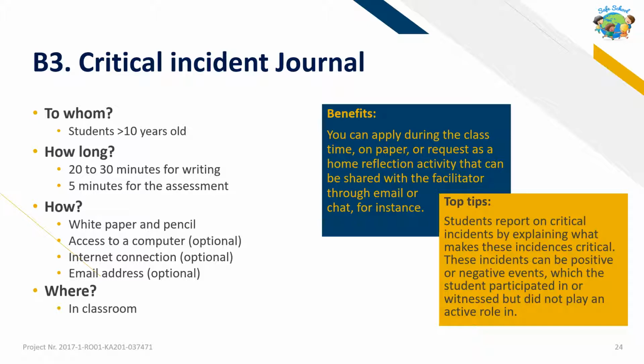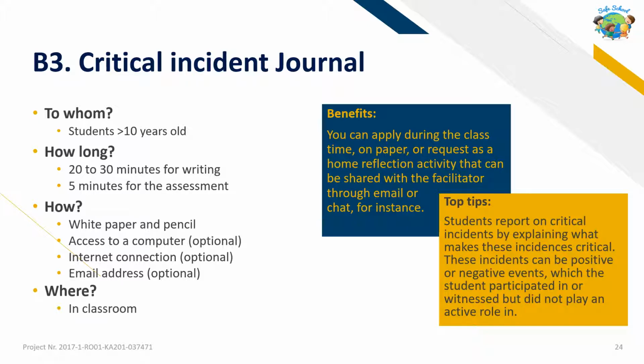This activity is best used with students over 10 years old, since this requires the capacity to express students' feelings through writing. When one has to write about his or her reflection, the reflection process becomes a double effort, since the process of writing, in comparison to speaking, requires more thought, and it's not as direct nor allows for impulsiveness.